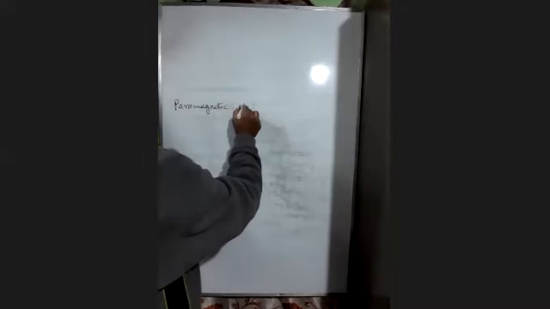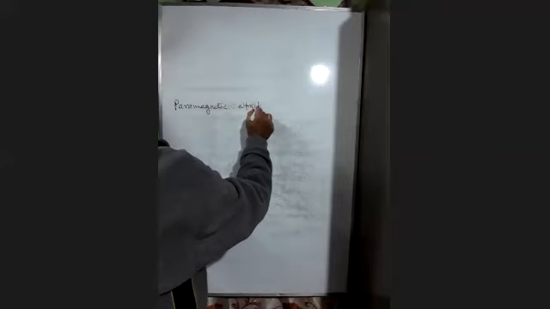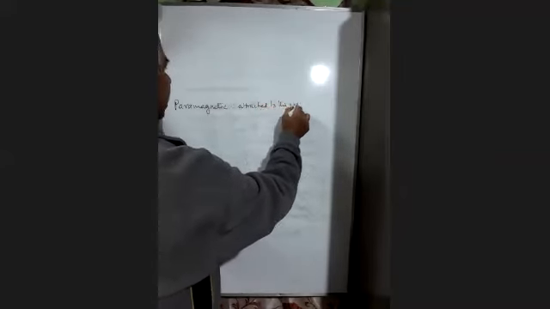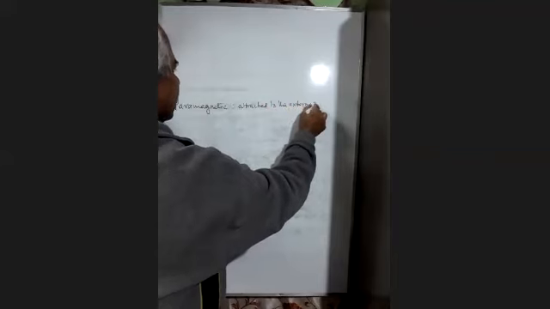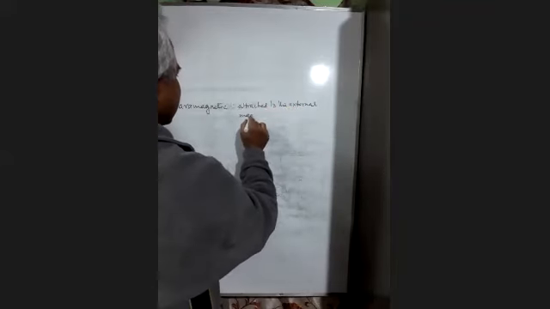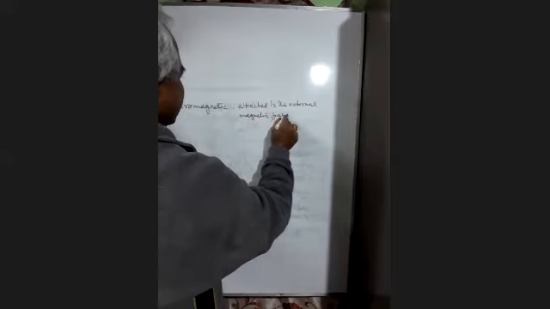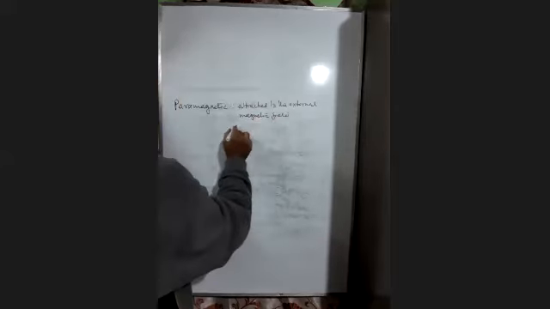So para means attracted to the external magnetic field. Condition is what?